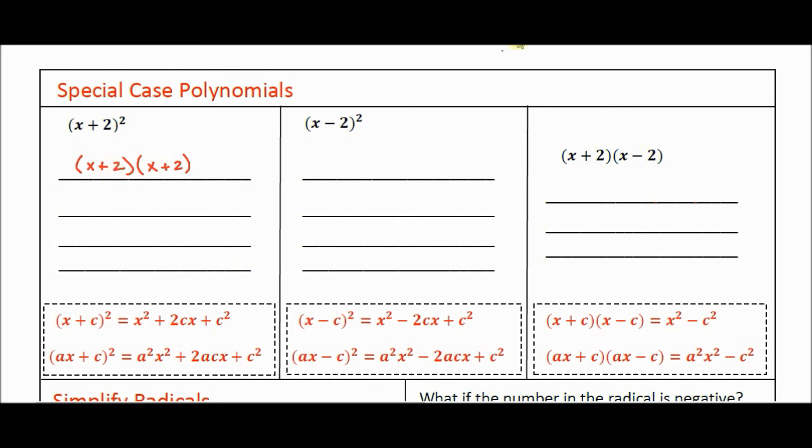Let's go through the grouping method that we've already learned. We're going to put a parenthesis around this second binomial. We're going to keep it together for now. We'll multiply the first term of the first binomial times the second binomial, and the second term of the first binomial times the second binomial.